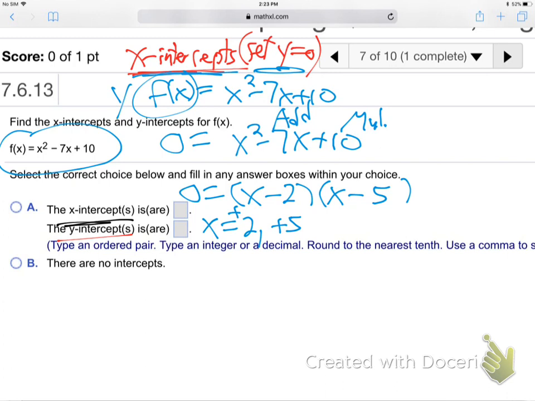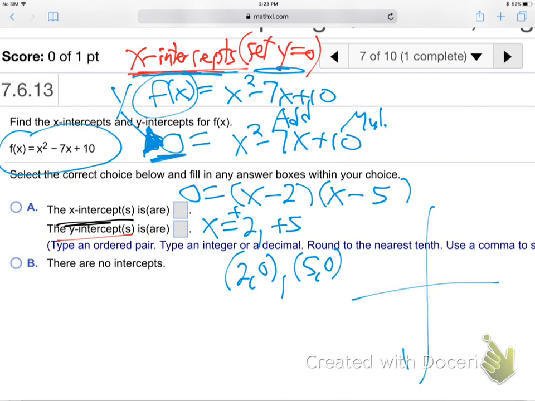So what does that mean about the intercepts? Well, y 0 led to both those x answers, right? So both those x's go with a y 0, don't they? Does that make sense? Those are the points. Yeah, I'm kind of being scribbly here.